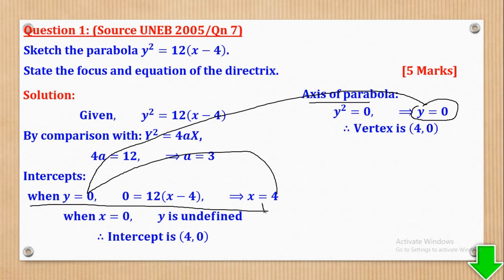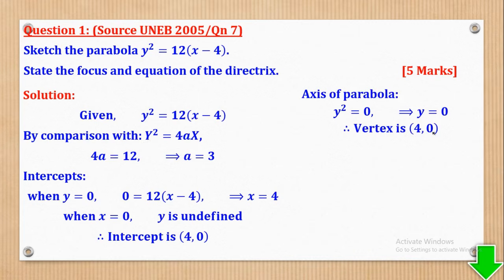We shall just state that the vertex is (4, 0). What about the focus? Remember we saw that the standard form of the focus is (a, 0). But that was when it was capital Y squared equal to 4a capital X.